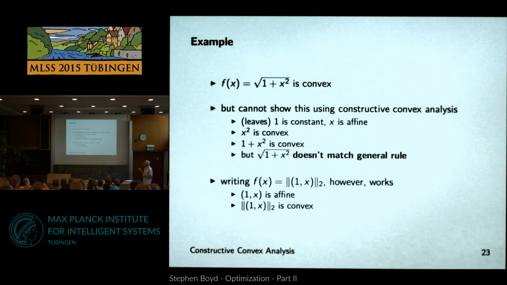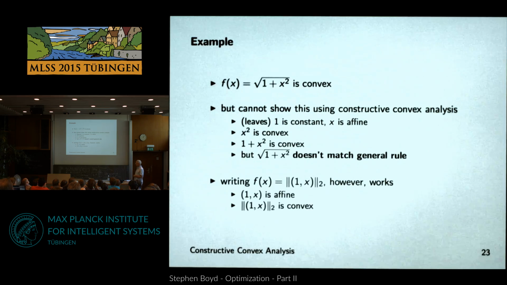There's no rule for this, so this doesn't work. Whether or not you can show convexity by these rules is called disciplined convex programming. We'll get to that in a minute. But this is something that is convex but cannot be shown to be convex using constructive convex analysis.